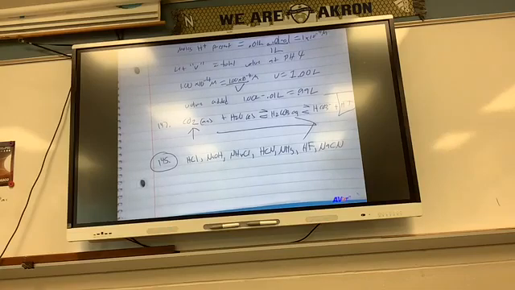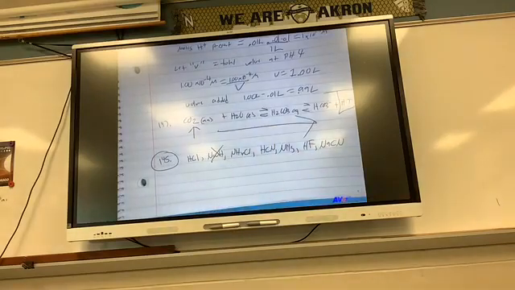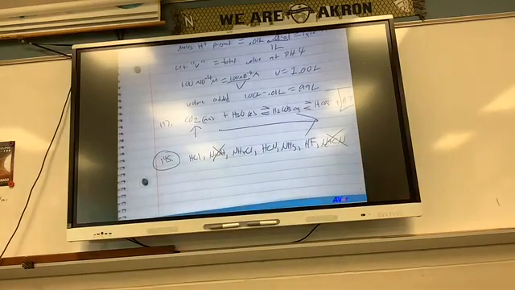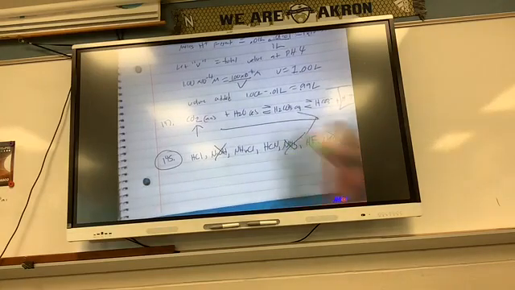So, what can I get rid of immediately? The known bases. What are my known bases? NaOH, gone. NaCN, gone. NH3 is a known base.